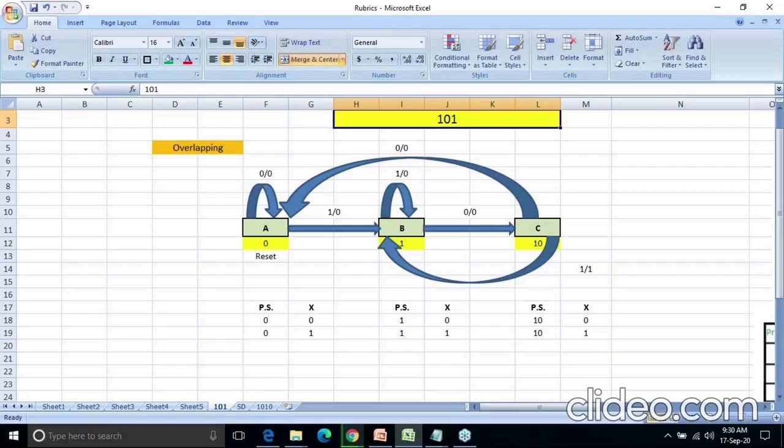So write it in your paper. I have taken only a 3-bit sequence instead of a 4-5-bit sequence at the start, so it is simple. And if you understood this, you can draw the state diagram for any input sequence or any input string. So 101 I need to detect.